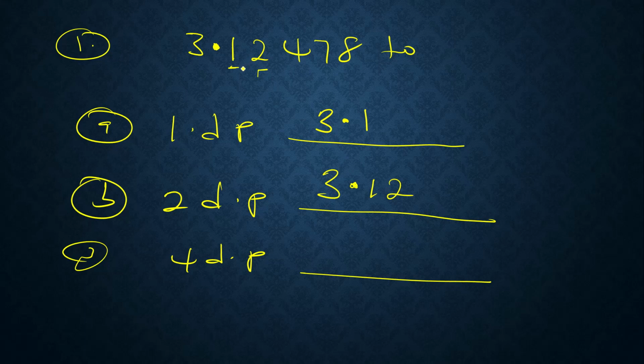Now 4 decimal places has to do with 1, 2, 3, 4. The next number is 5 or more, so I'll add 1 to this 7, making 8. So we have 3.1248. All right, so pause the video and do this exercise.